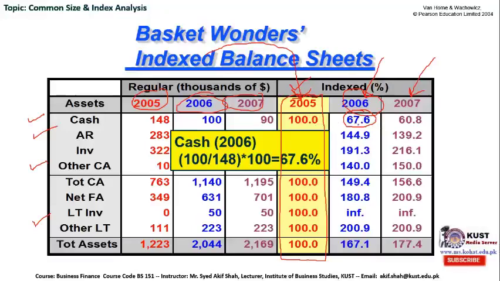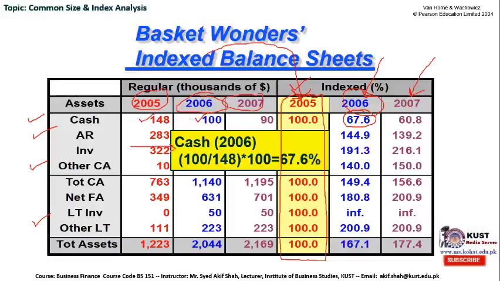So we can infer that our 2006 cash position is 67.6% of the 2005 cash. How to calculate it? The calculation measure is to divide 2006 cash, which is 100, by the base year cash, as we have done in the yellow box just beneath it.